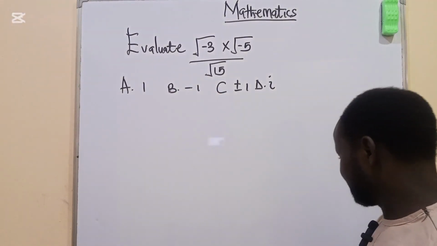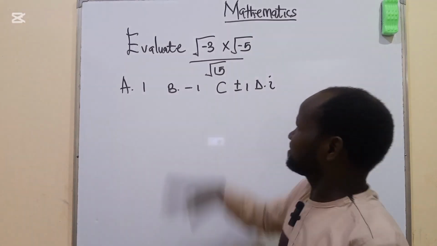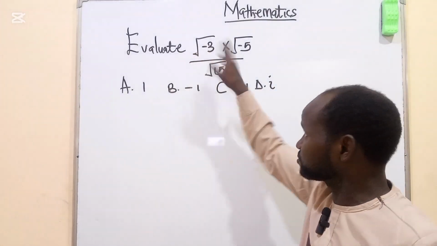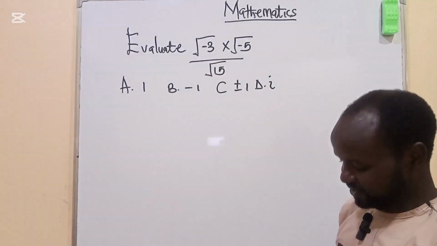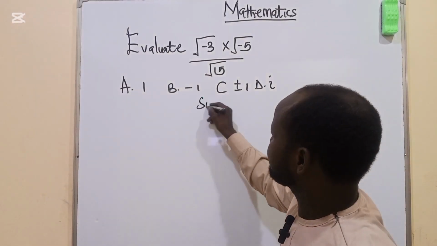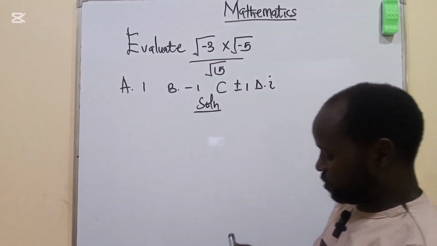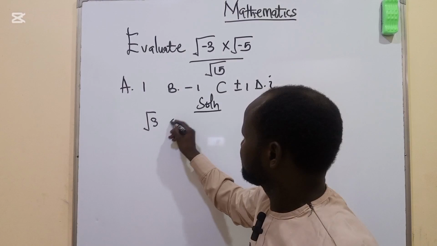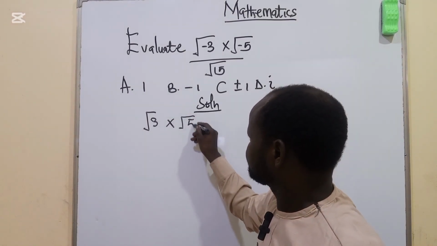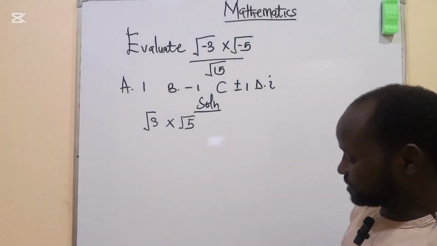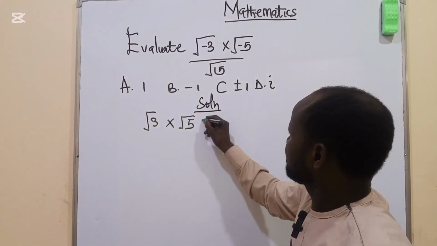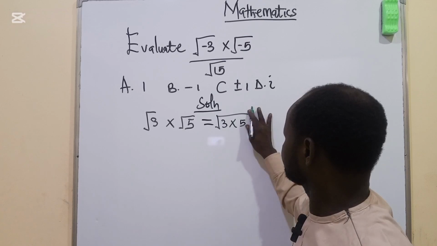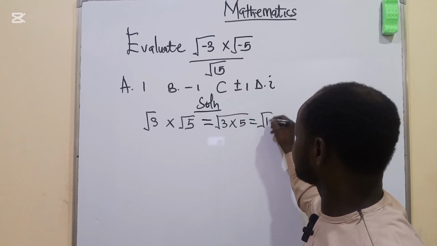Very important. If you look at this question critically, we have to use the concept of surds, basic rules of surds, to analyze this question. Let's write down the solution. We have to understand that if we have root 3 times root 5, we can write it as square root of 3 times 5, which is equal to root 15.